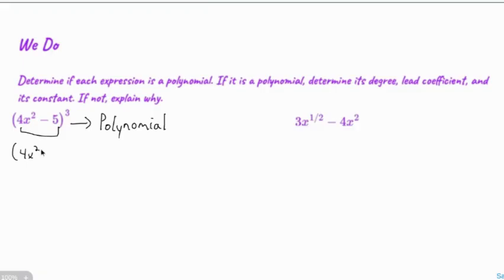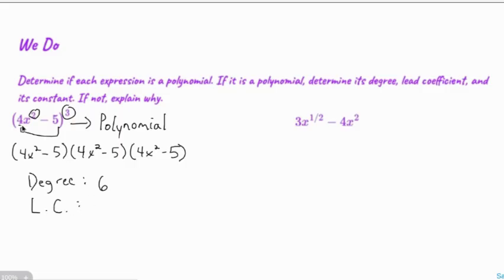I won't actually FOIL it out. We'd have to do all the distribution if we want to find what its degree is. But luckily for us, that's easy if all we're looking for is the degree. You take this number, the highest exponent, and multiply it by here. So 2 times 3 is 6.